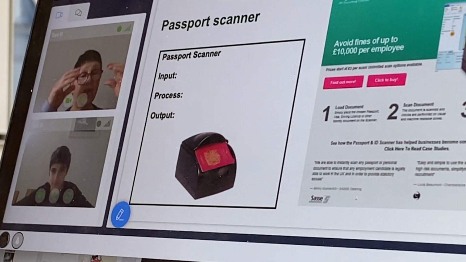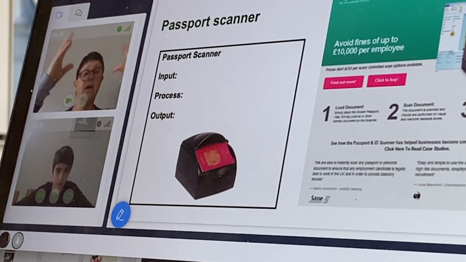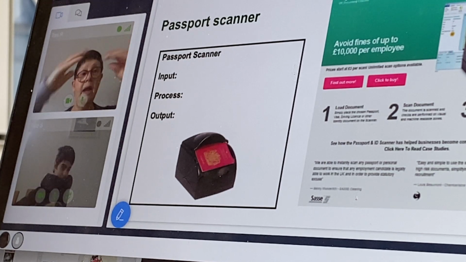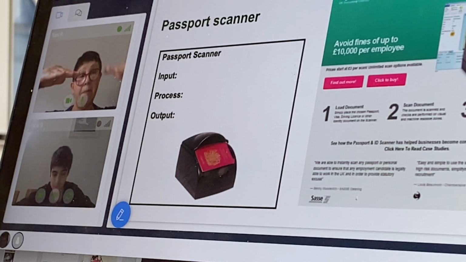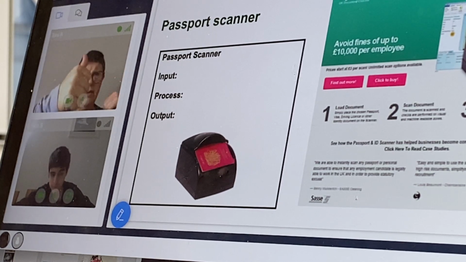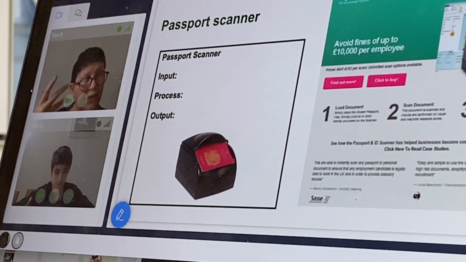So it's checking the barcode against its software. It has a database of gazillions of codes, and it's matching up to check that barcode matches up with somebody who they actually want to let into the country. What would the output be?